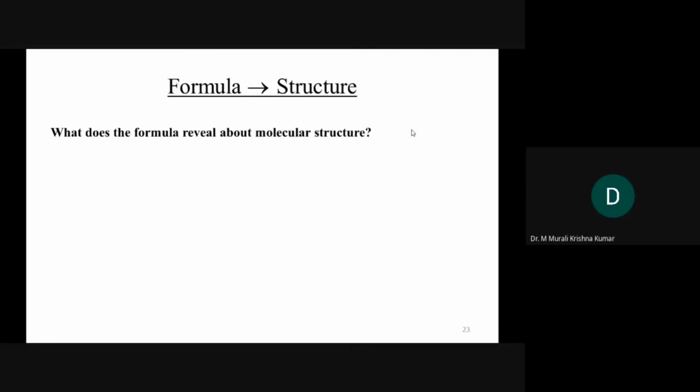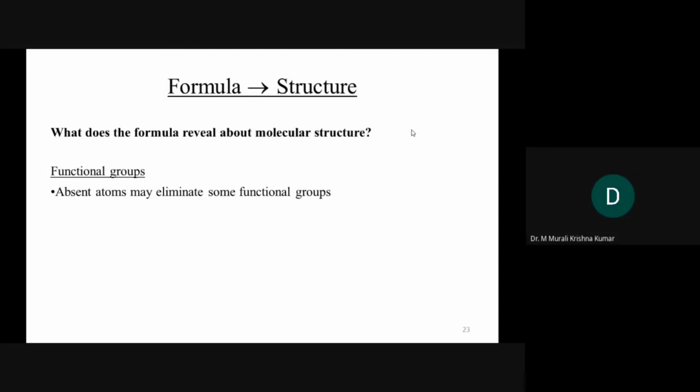So what does the molecular formula tell you regarding functional groups? In the earlier example, C8, chlorine is there, nitrogen is there, and the remaining are hydrogens. Then it is telling you there is no oxygen, so oxygen-related functional groups are not there. It clearly helps you strike off some possibilities.